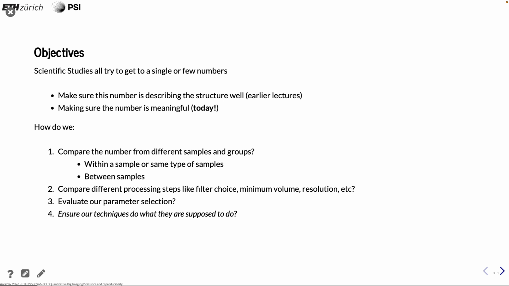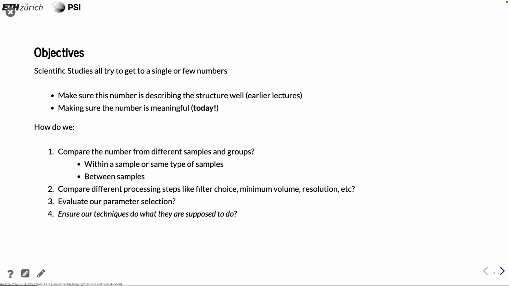And we have to, in principle, have different treatments and compare if different samples behave differently, either within a sample or even within the same type of samples or even different treatments of the data. And then we may also have to, as a part of the process, compare different processing steps.